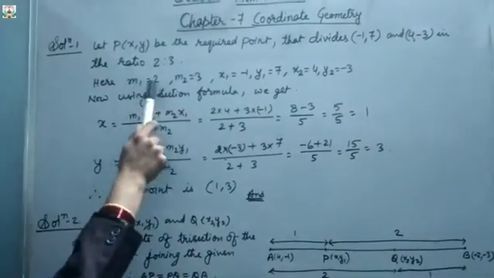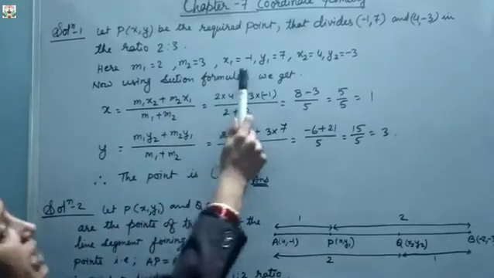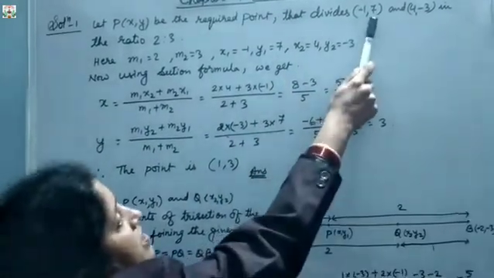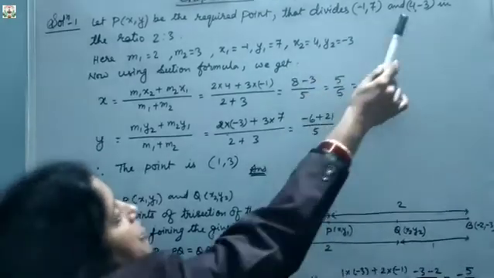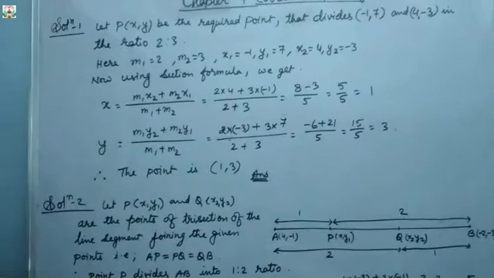So for this case, m1 is 2 and m2 is 3. Now x1 is -1, y1 is 7, x2 is 4 and y2 is -3.